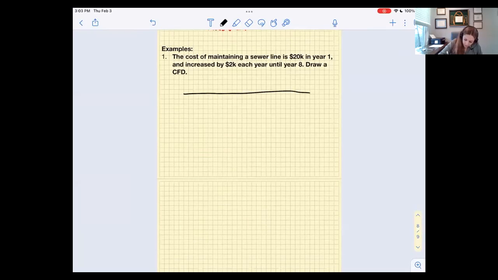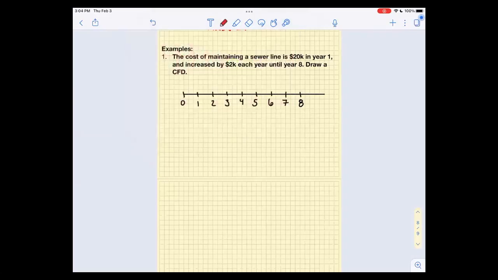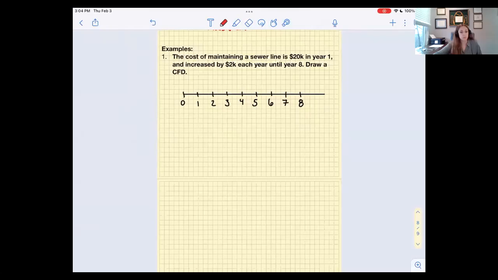So we've got from year 0 to year 8. So we've got a cost that starts at $20,000 in year one.